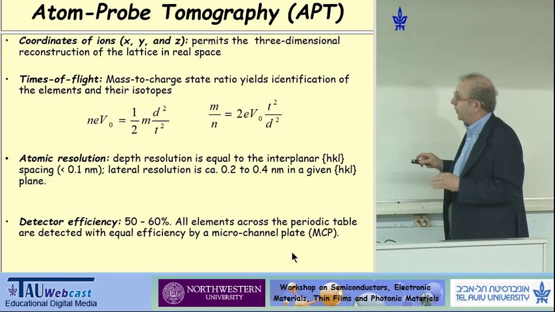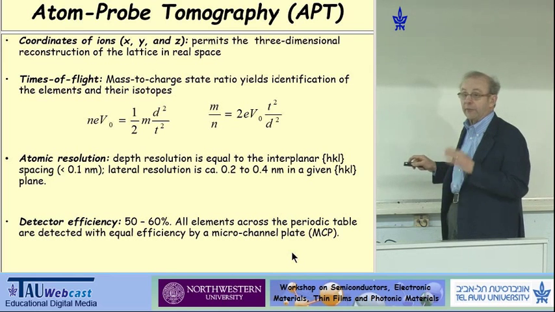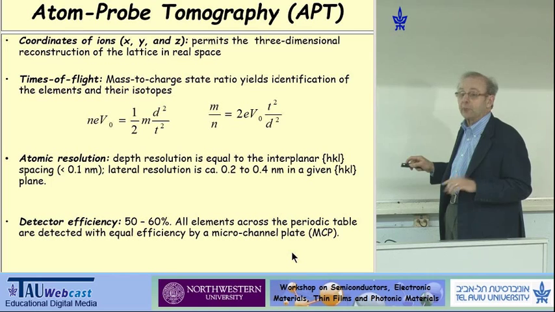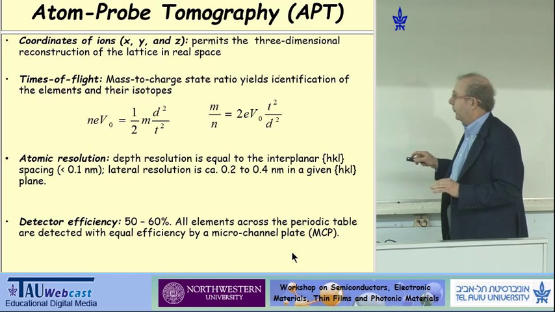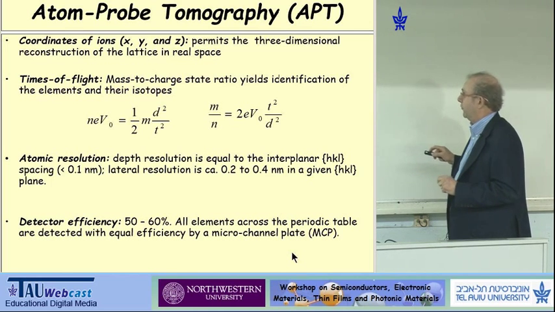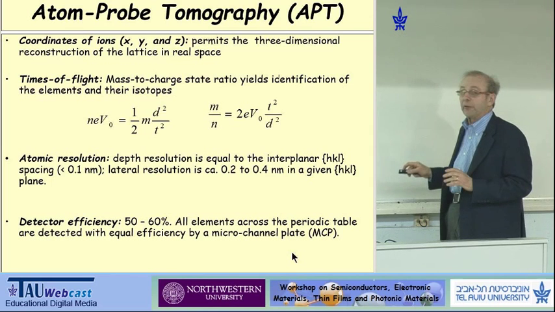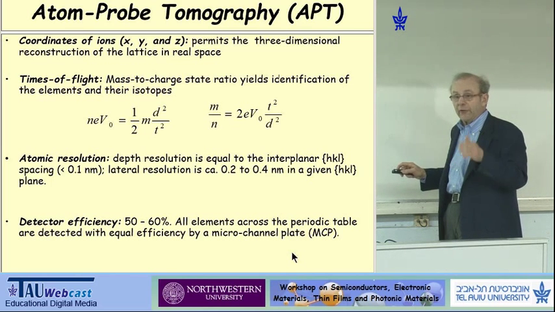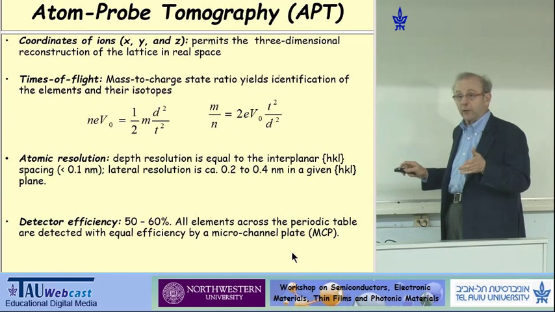There are now channel plates available that have open areas of up to 80% commercially. Okay, so this means that all the elements in the periodic table are detected with equal efficiency once the energy of the evaporating ion is above a few kilovolts.